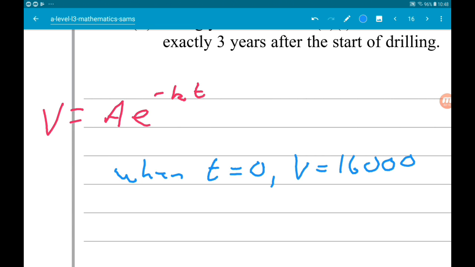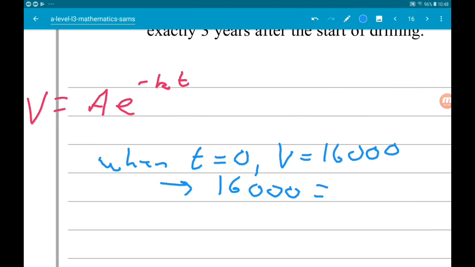Now that means that 16,000 is equal to A e to the 0. e to the 0 is 1.